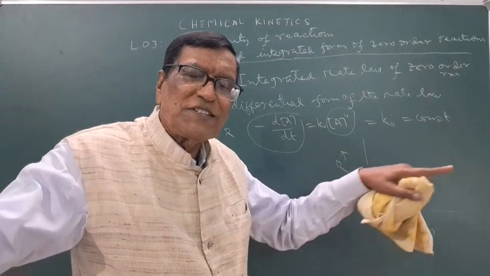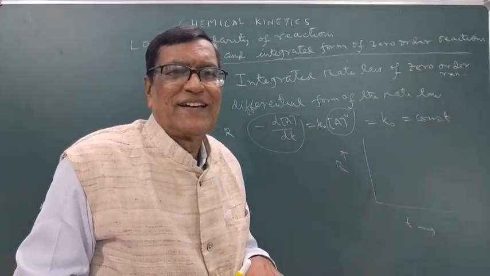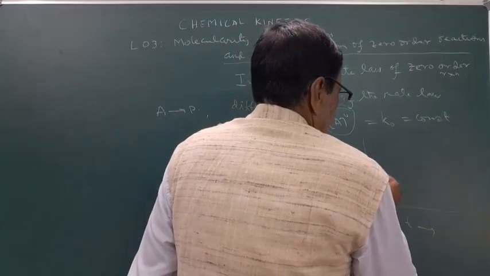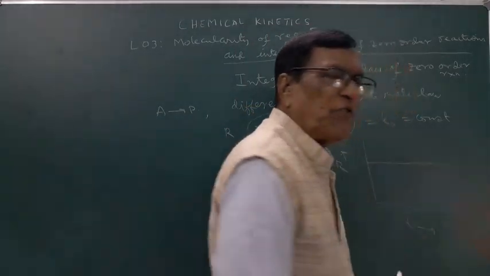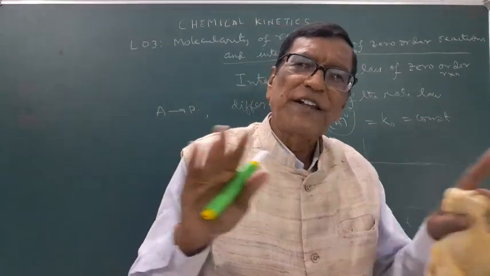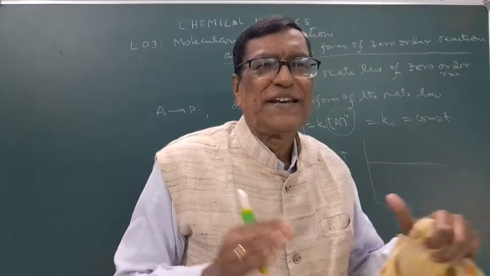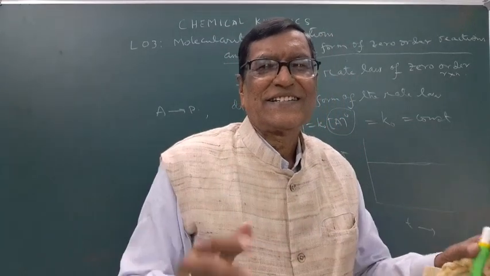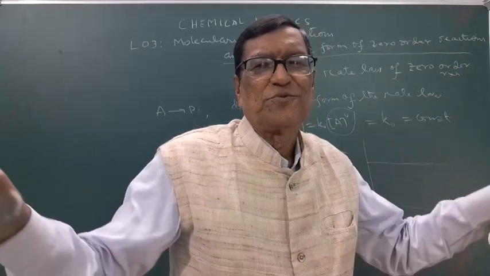All along this reaction, in case of zero order, the rate is fixed, the rate is uniform, the rate will not vary with time. This is a peculiar case for the zero order reaction. In other cases, I will show you the rate always decreases with time.